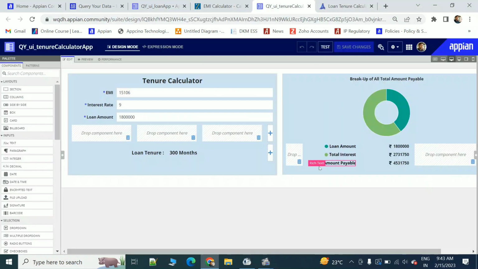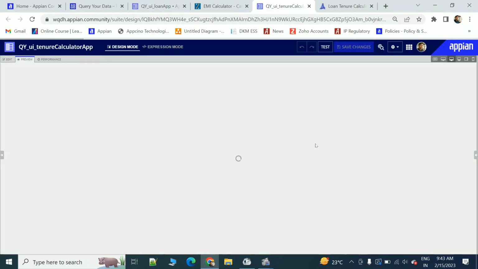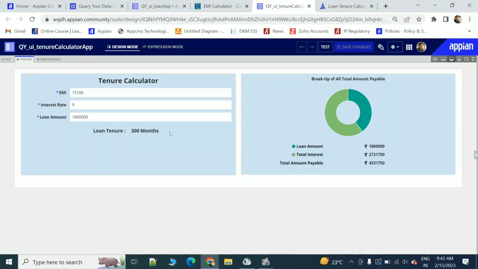So I have prepared this, this is my site. This is the tenure calculator. Suppose you are saying that I can pay only 15,000 per month, your interest rate is 9, and you are taking an 18 lakhs loan amount.